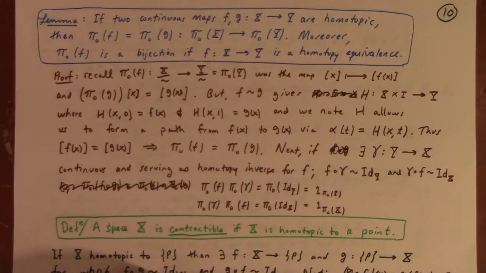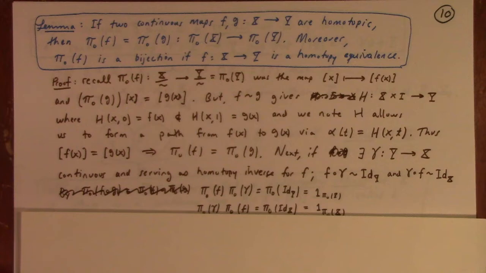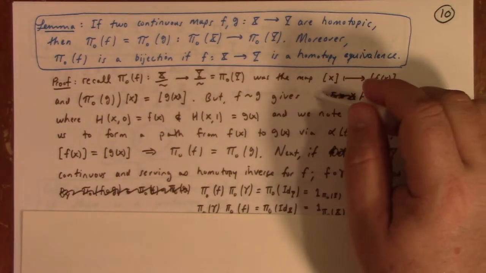Now, lemma. If two continuous maps are homotopic, then, in the sense of their induced map on the equivalence classes of paths, their induced maps under pi naught are equal.